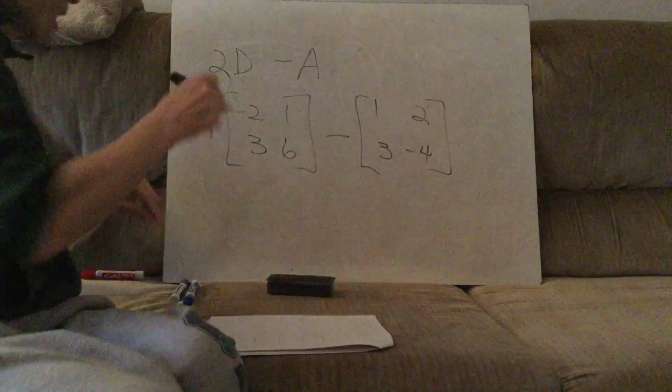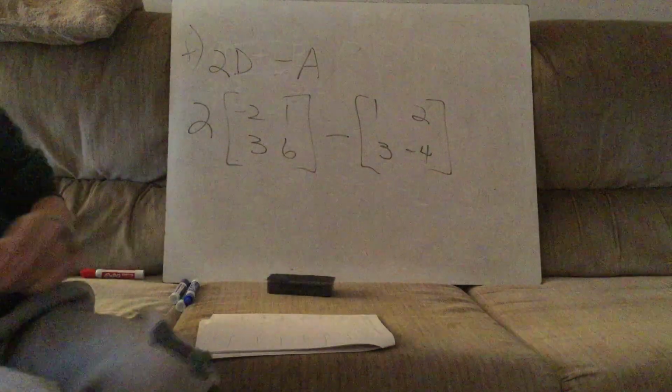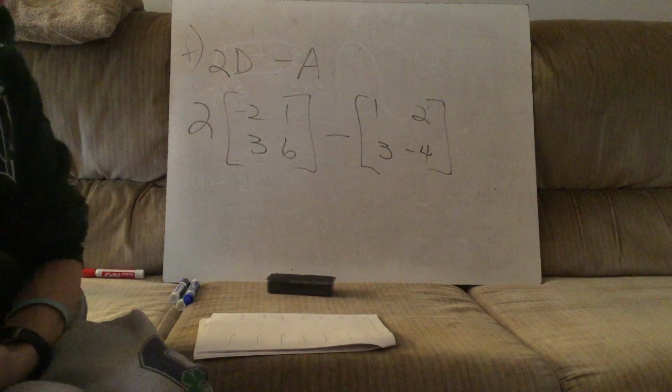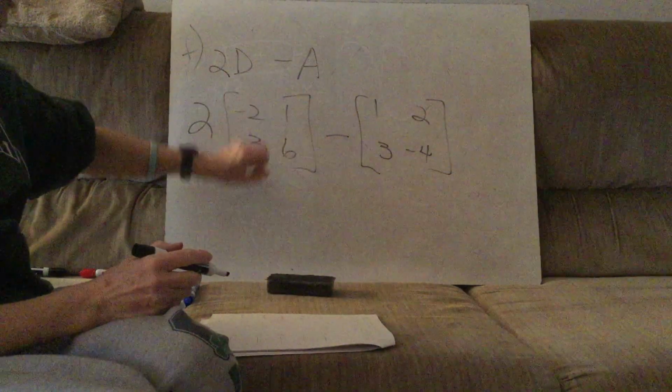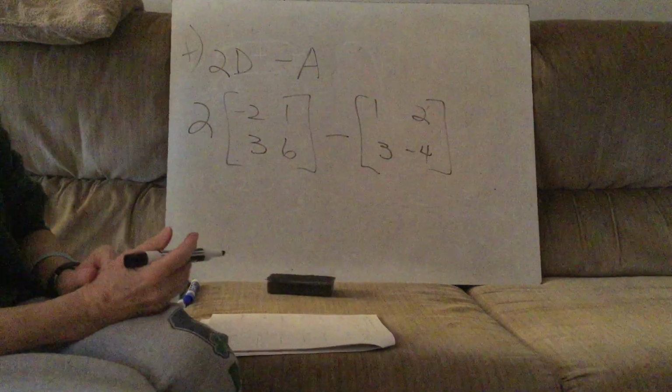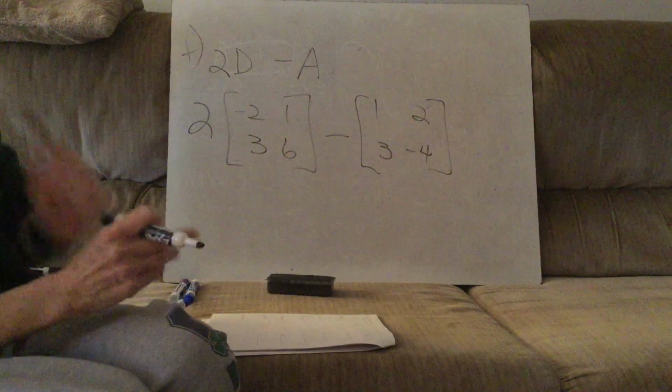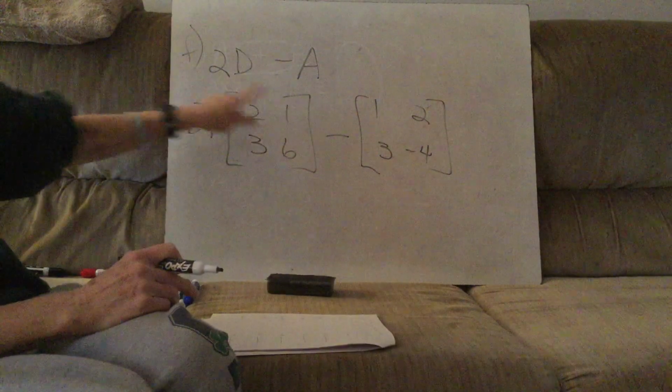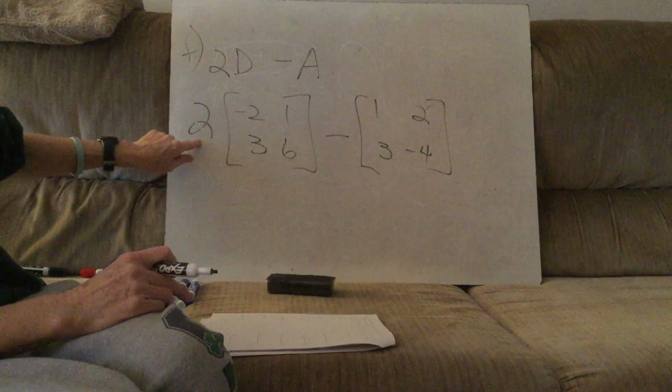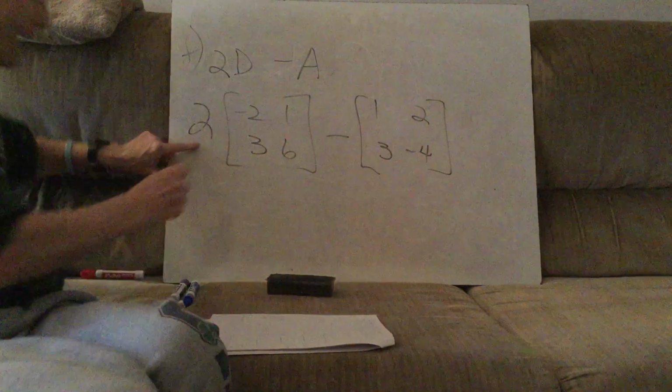This is problem F, and it is doable. F is a doable problem because you got a 2 by 2 minus a 2 by 2. That's very, very doable. However, before you start subtracting, you got to take care of this. We have a scalar sitting out here, so we're going to have to clean that up.